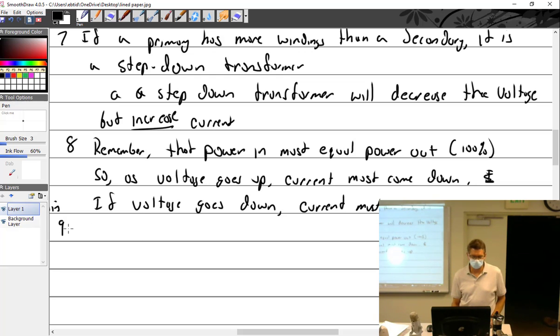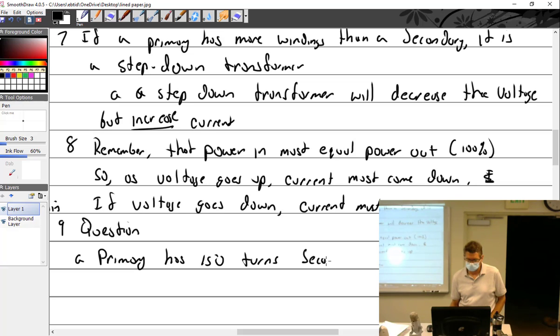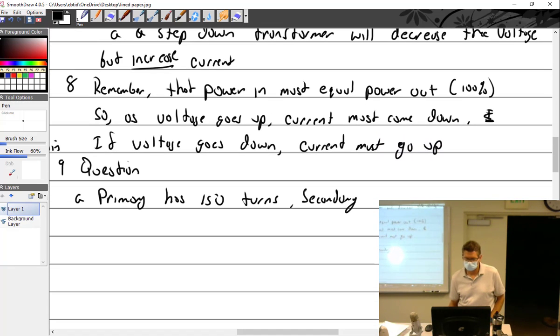All right, here we go. Ready to put it in. Question. A primary has 150 turns, and the secondary has 300 turns.